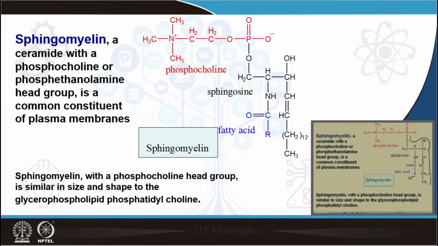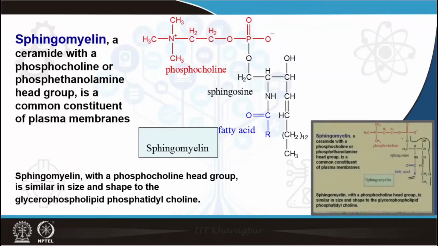This is the fatty acid attached to it to form an amide. And what do we have here? Remember there was an OH here. So, this can attach to another group, forming a sphingomyelin. So, we have what is called a sphingomyelin, which is a ceramide with a phosphocholine.